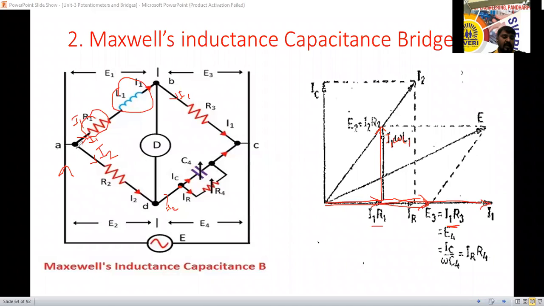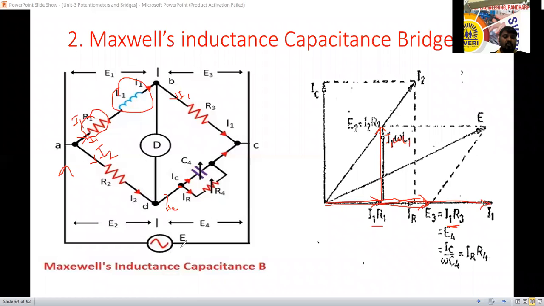See here, I2 is connected with the resistance and capacitance branches. So does the current flowing through the capacitor lead the voltage or lag the voltage? Current in a capacitive circuit leads the voltage.